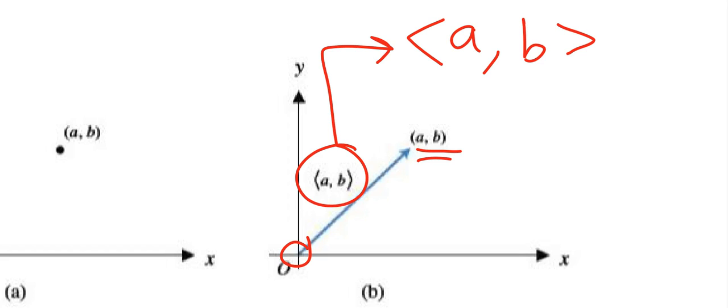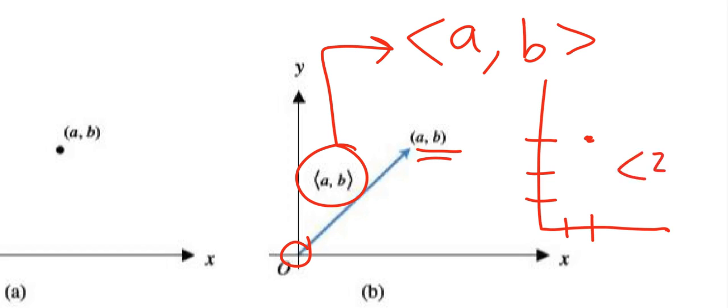Now, folks, if you're trying to draw a vector, let's suppose we were drawing the vector <2, 3>. This is wrong.